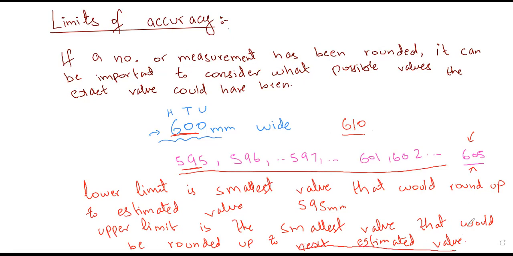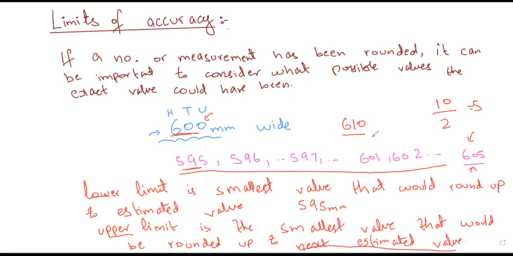Okay? In short, just understand that whenever you have been asked to find the upper limit and the lower limit of a rounded figure, what you do is, you know that since it was rounded to the nearest 100, you will take 10 divided by 2, which will give you 5.